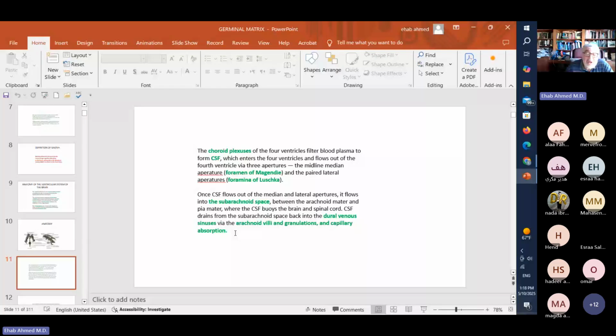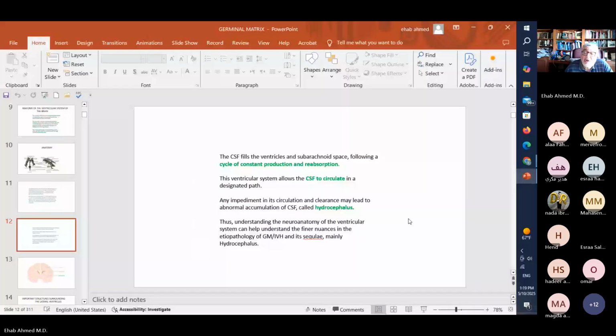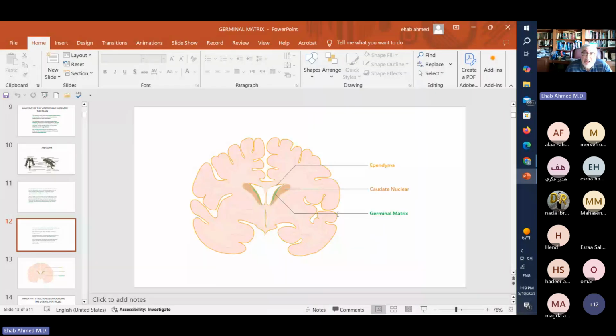CSF drains after that into the dural venous sinuses through the arachnoid villi and granulations and capillary absorption. So there is a continuous circulation of the CSF, production, flow through the ventricles and foramina, and go to the subarachnoid space. And if it is interrupted, there will be hydrocephalus.